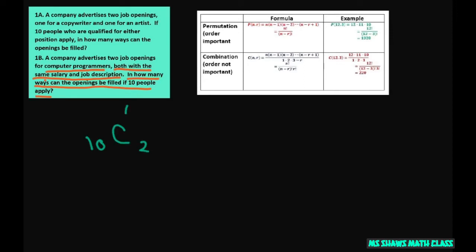So we're going to use 10 choose 2. So this means combination. All right, let's use our formula: 10 factorial divided by 10 minus 2 factorial times 2 factorial.